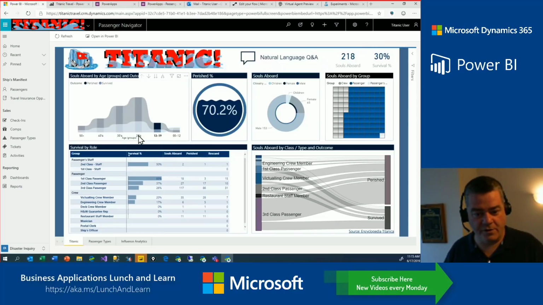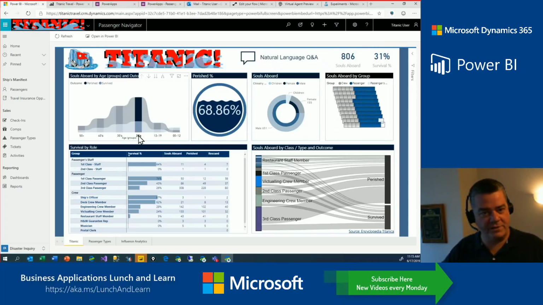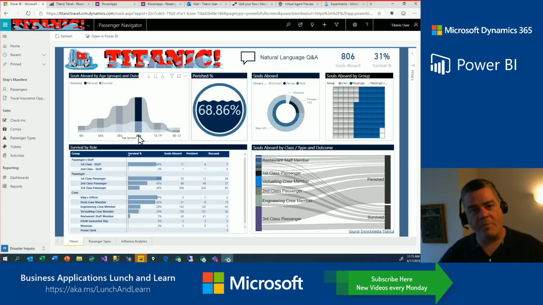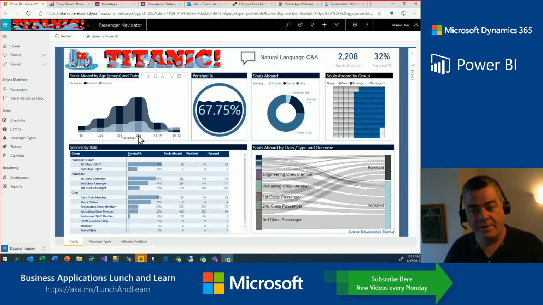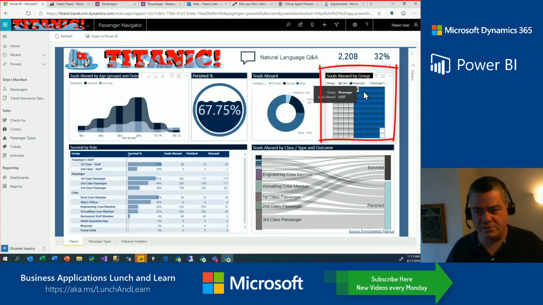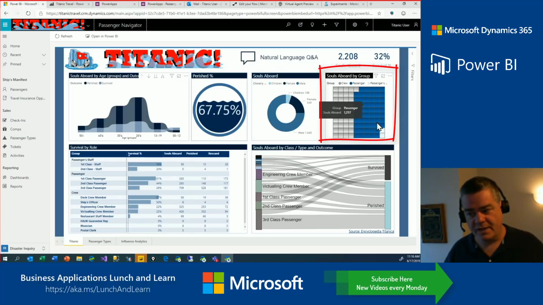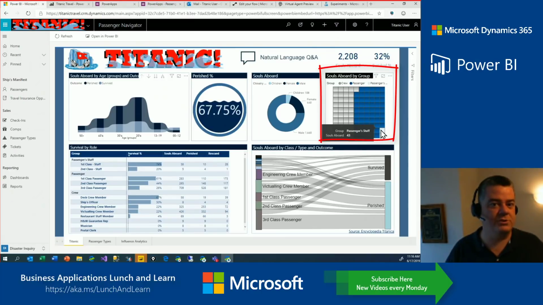Then I move up to the 20-year-olds, and the rest of the dashboard starts reformatting itself to show what we're understanding about this particular group. So that's a little bit of the strength there. We can then look at other interesting visualizations, like this souls aboard by group: crew, passengers, and then this little group called passenger staff.